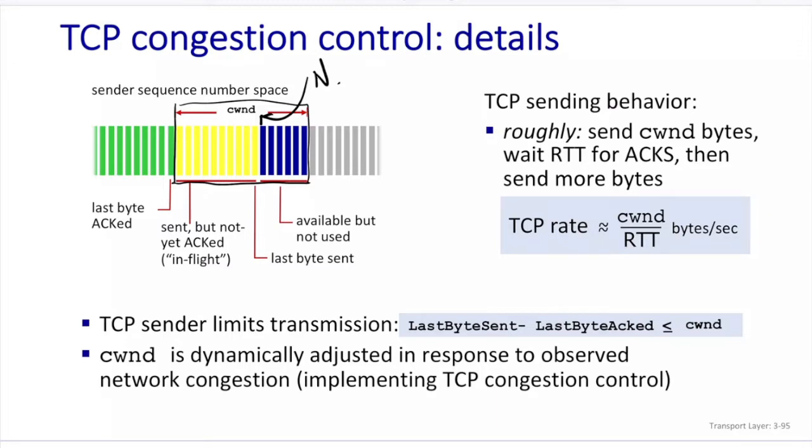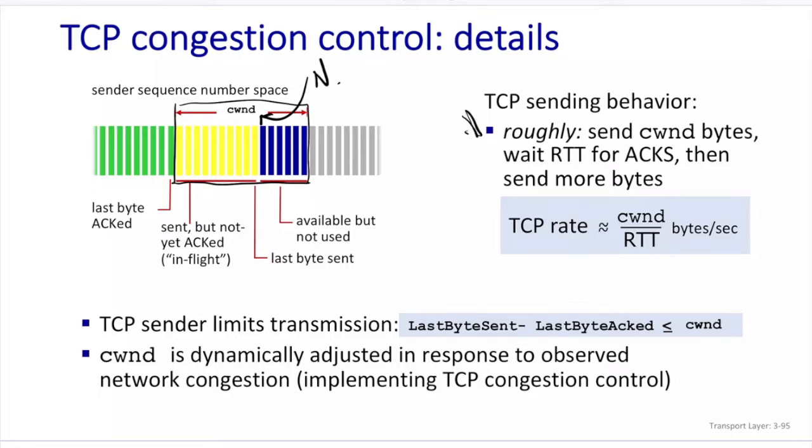So basically, you can adjust the congestion window size to control your sending rate. A larger congestion window means a larger sending rate, and a smaller congestion window means a smaller sending rate. That is the idea, okay?